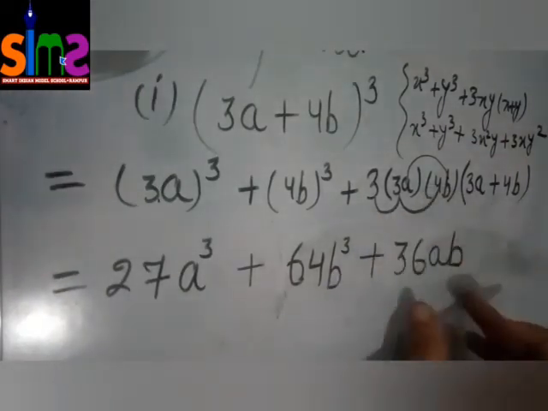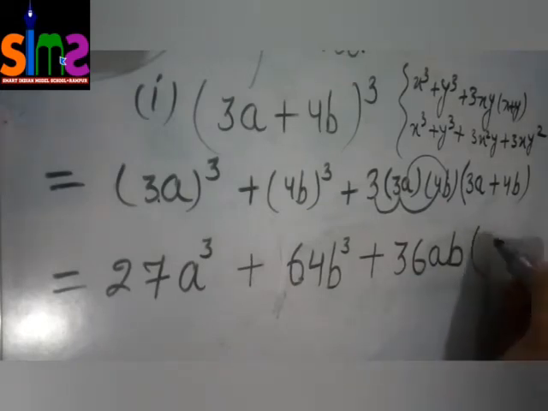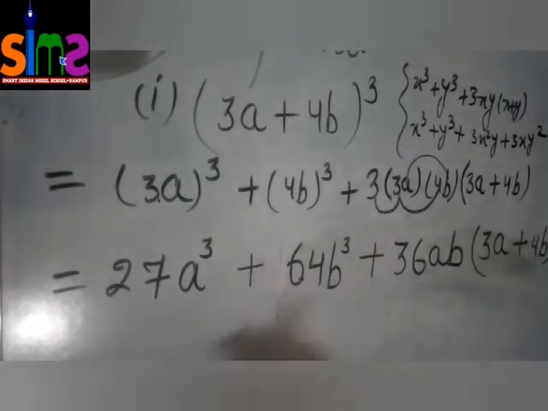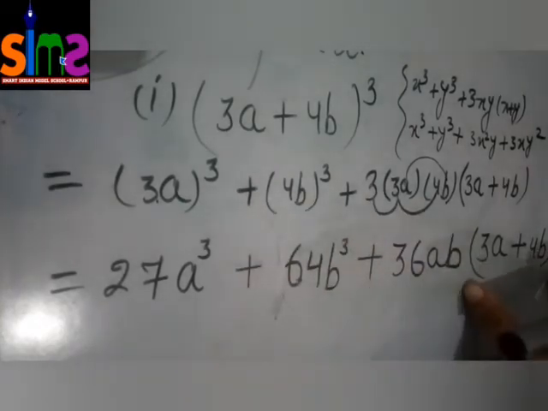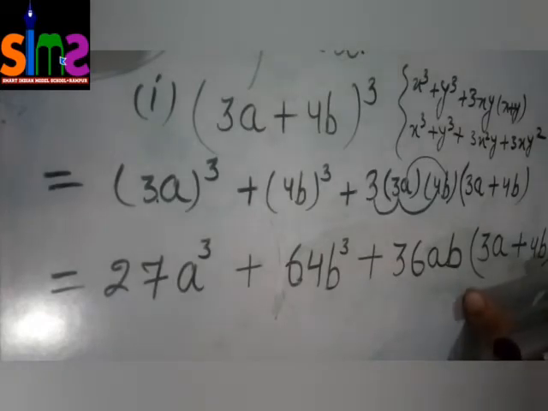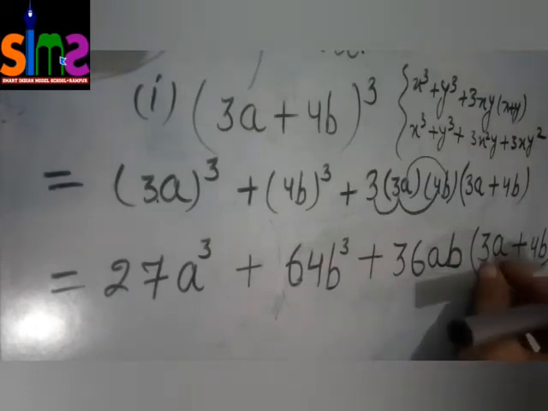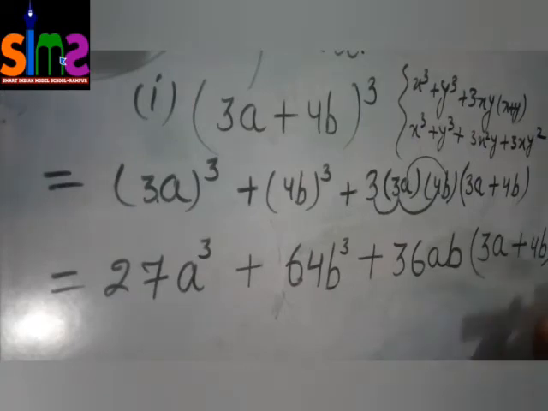So it is now calculated and this bracket will remain as it is, 3a plus 4b. It's time to remove this bracket, because everything has been sorted out. To remove this bracket, we need to multiply this 36ab to this 3a first and then this 36ab to this 4b.